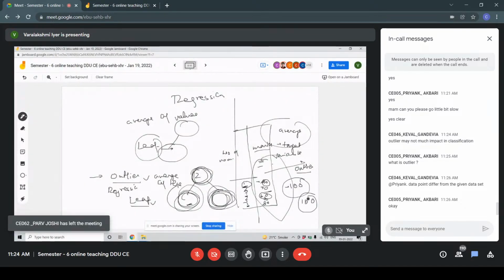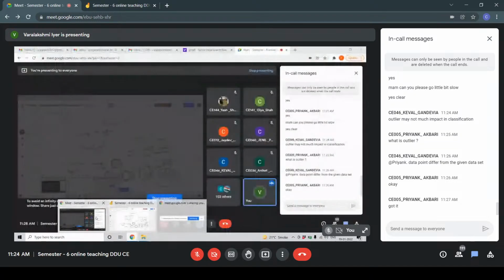So if some data point has a value of 200 or 300, or greater than that, 500, this is actually an outlier, right? Are you getting what an outlier is? It will differ from usual data points. That is the outlier.